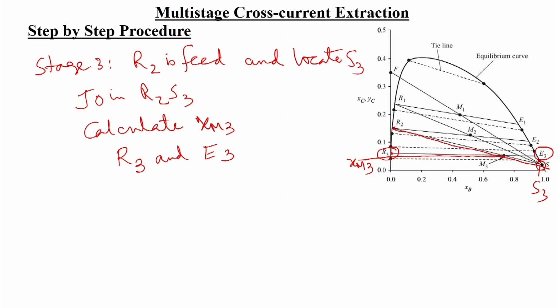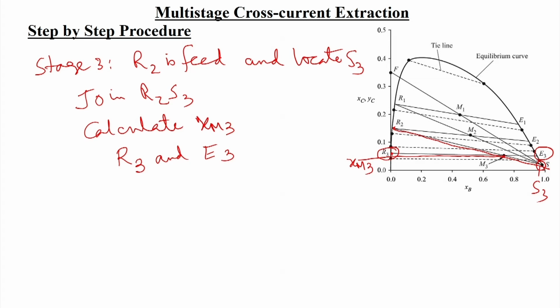Like this, for all the stages we will get x1, x2, y1, y2 and x3, y3. That way we will get all the solute compositions in the raffinate and extract arms. We will continue this till the end, however many stages there are. Now, R3 becomes the feed to stage 4 and it will continue like this.